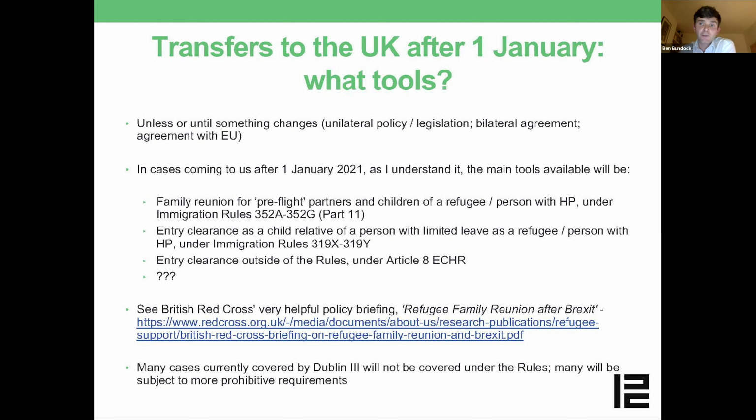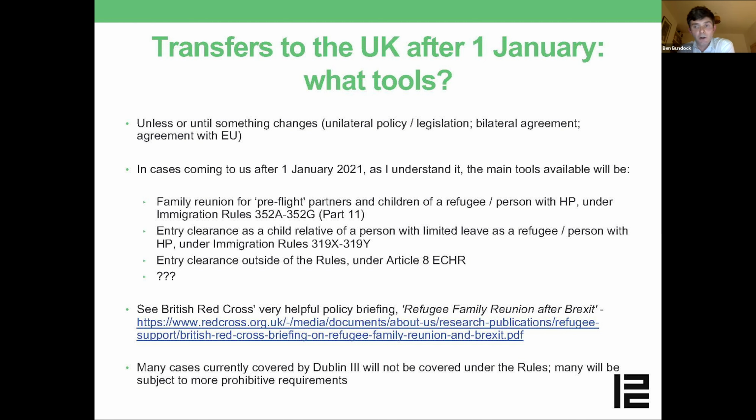So the first category that I'll cover in brief detail today is family reunion under the immigration rules for pre-flight partners and children. So if you have a refugee who came here and had to leave behind their spouse, their child, then that's a route for them to come to the UK, whether it's from Europe or anywhere else.